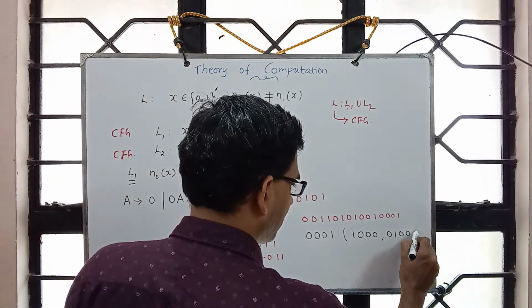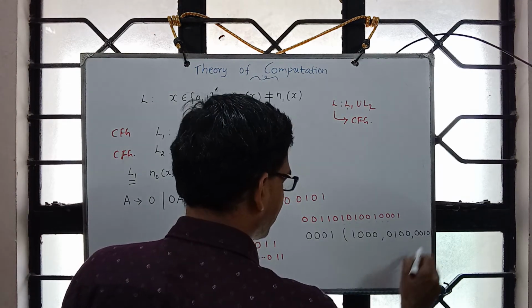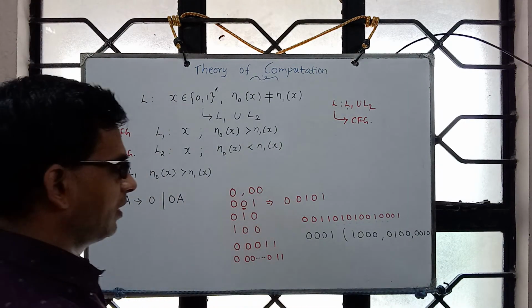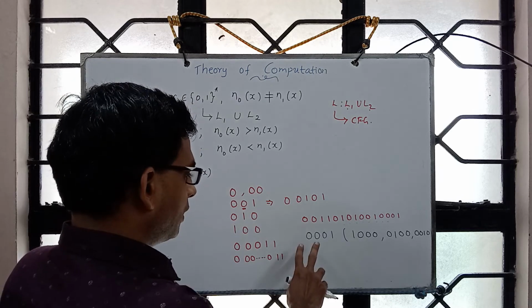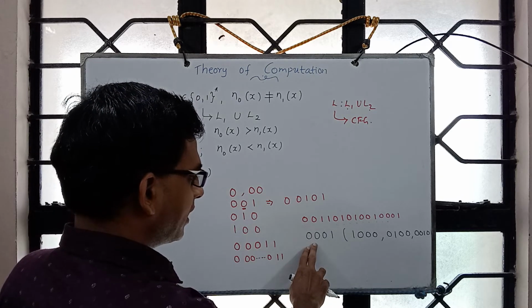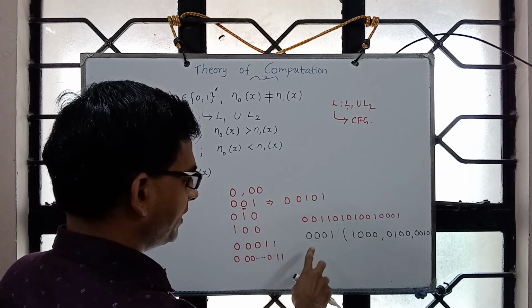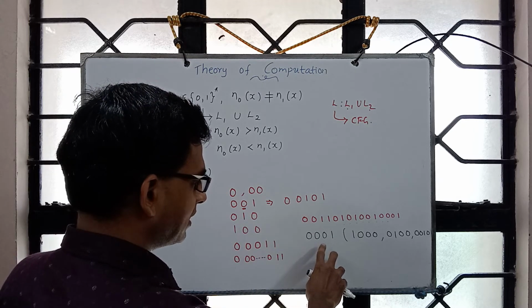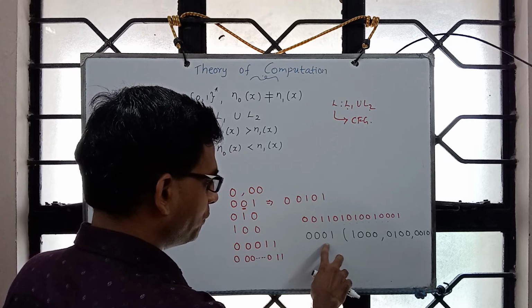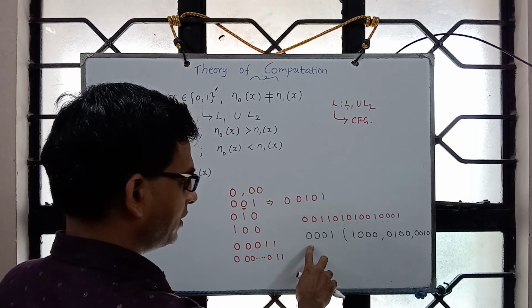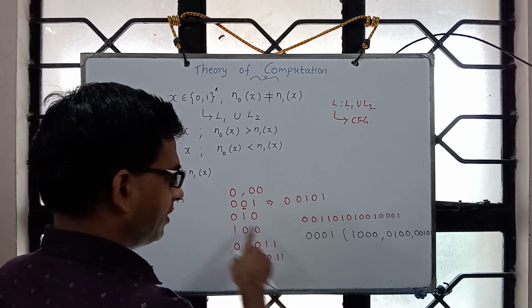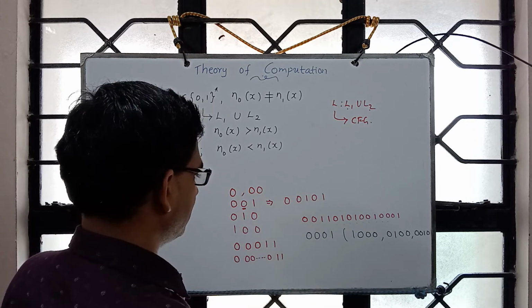Or it could be 0 0 1 followed by 0. So 2 zeros, 1 1 is allowed. The moment you go for the next one, 4 length strings, you cannot have 2 ones. If you have 2 ones and 2 zeros, then this is violated. So it should be 3 zeros and 1 one.